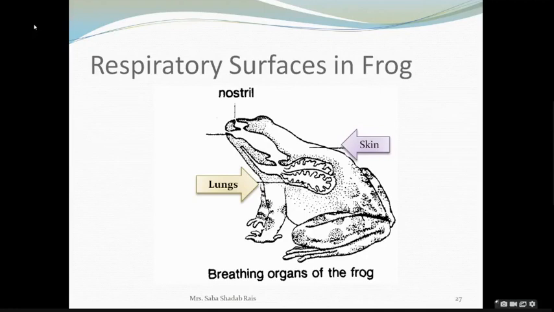We all know that frogs are very active animals, so when their oxygen demand is more, only at that particular time will they do pulmonary respiration. That means respiration with the help of the lungs. Now why do they require more oxygen?